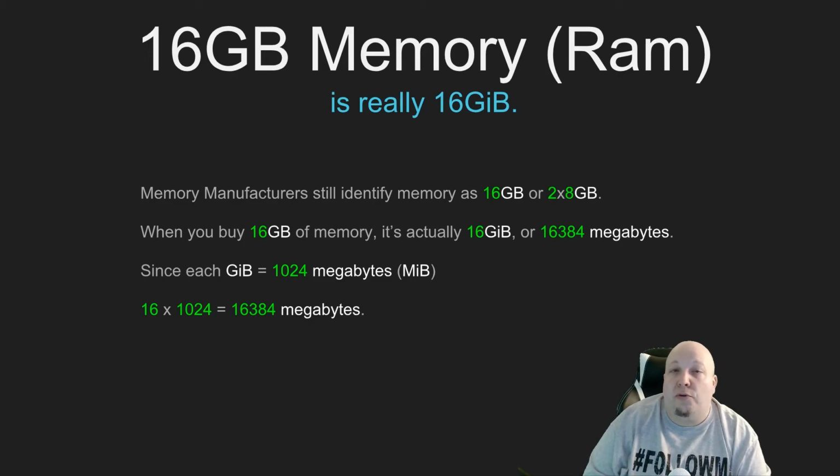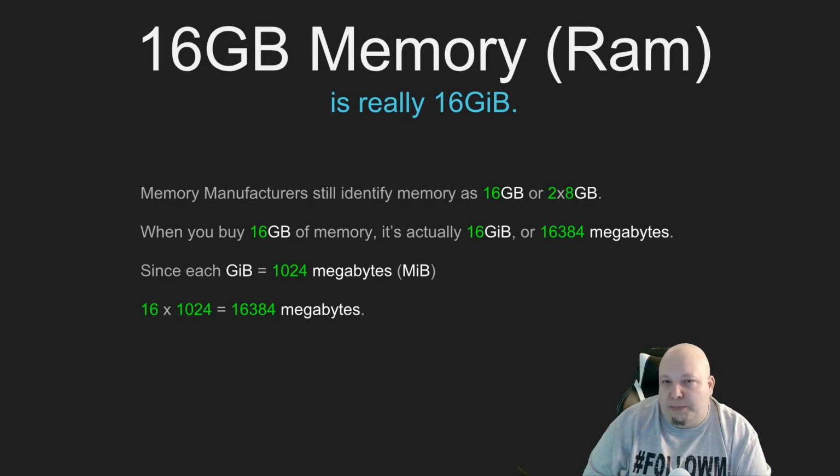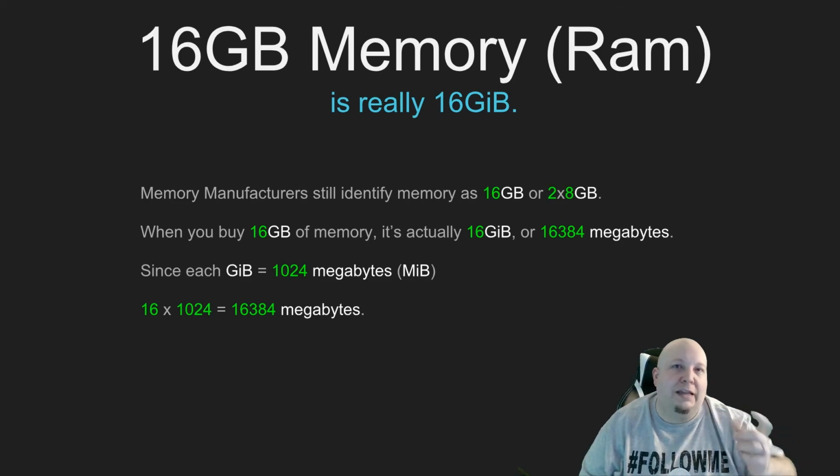And when you're putting 16 gigabytes of RAM in your computer, that's actually 16,384 megabytes of memory. So it's not actually GB. The manufacturers should actually be saying that it's 16 GiB, because of the base 2. So you're not getting 16,000 megabytes of memory. You're actually getting 16,384. So I guess in that sense, they're advertising that you're getting 16 gigs, but you're technically getting slightly more than that.